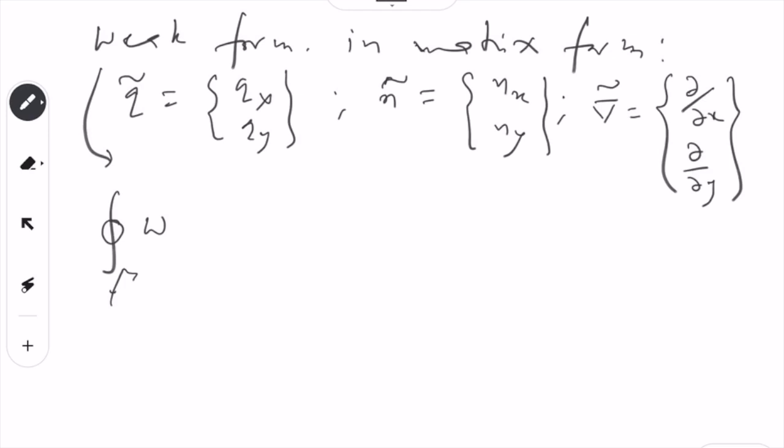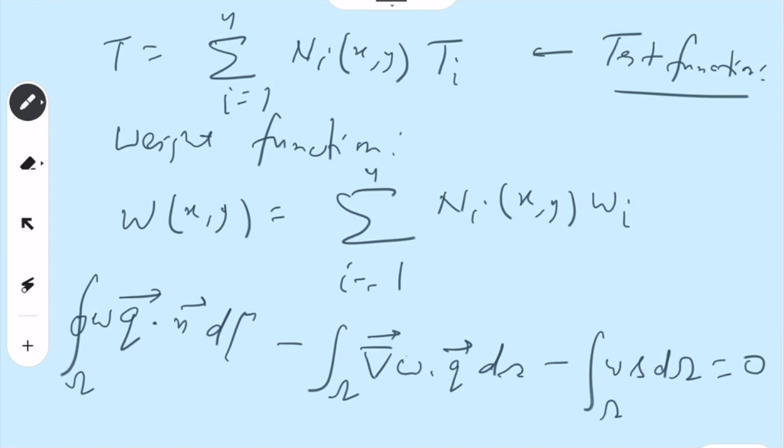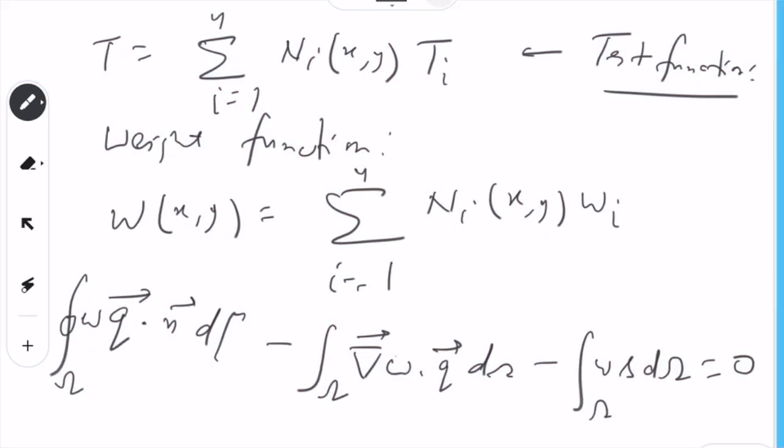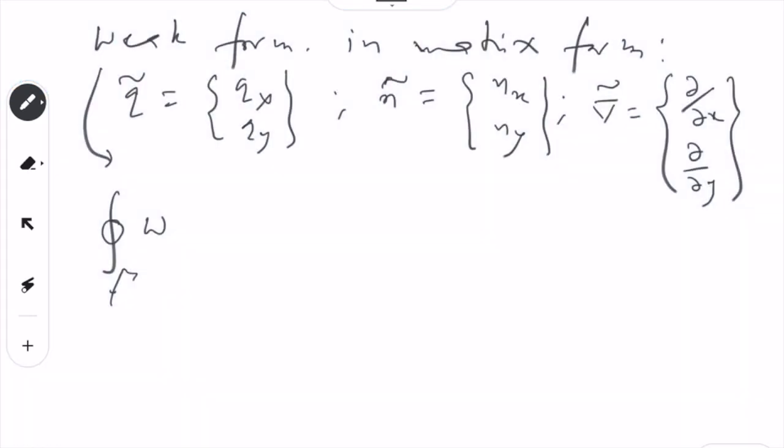We will not change into w1 times n1 yet, we are just writing the weak form itself. So w, the next thing is q dot n, so here we can write q tilde transpose times n tilde, okay.